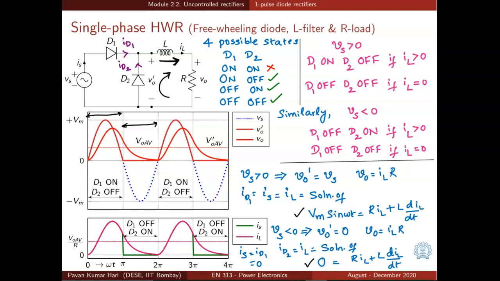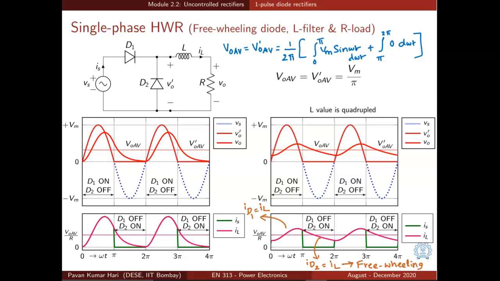Source current and inductor current overlap in the first interval, the positive half cycle, and the source current is 0 in the negative half, whereas the inductor current continues to follow an exponential function and it will come down to 0 depending on the time constant, L by R time constant.